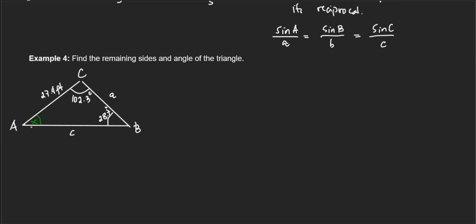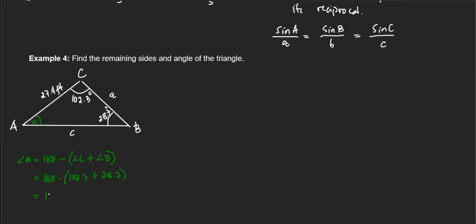So this means, para ma-identify po natin yung angle A, we can write the solution na angle A is equal to 180 minus angle C plus angle B. So we have 180 minus 102.3 plus 28.7.